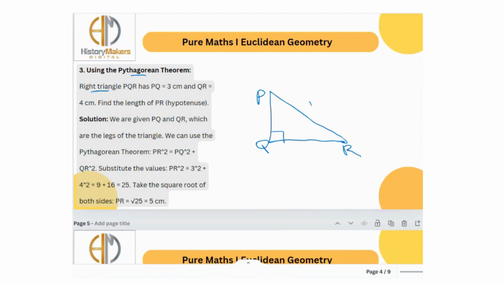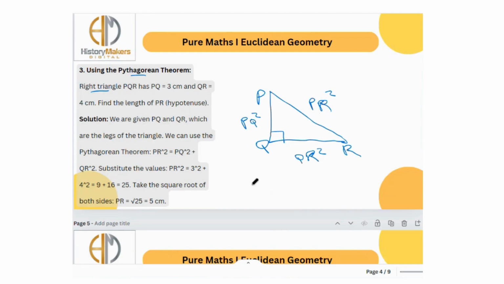And then right here, going to make it squared. And then we're going to have also PQ squared, and then also QR squared. Okay. And then when we simplify, because we are given these values, we go as follows.